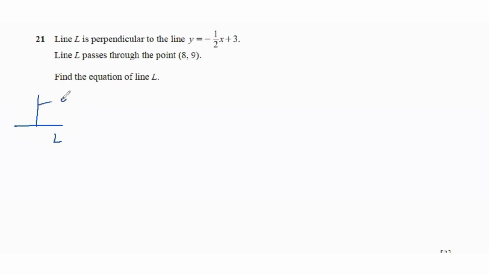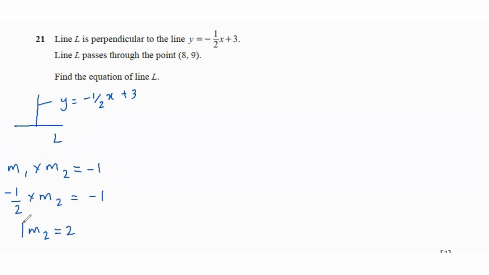Since the two lines are perpendicular, that means the gradient of the first line times the gradient of the second line is going to equal negative 1. Gradient of the first line is negative 1 over 2 times m2, which is the gradient of the second line. That means m2 is going to equal 2. That is your condition for gradients of perpendicular lines.